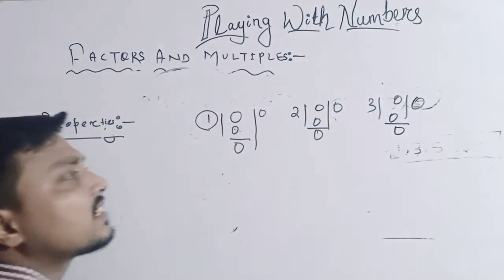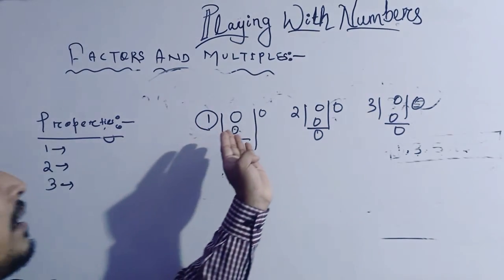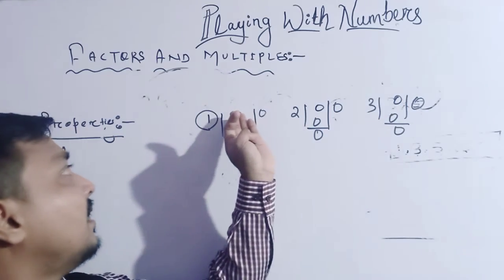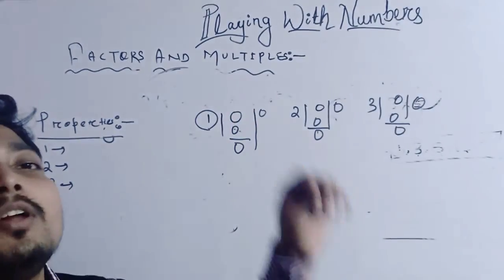So one thing is common: 0 can be divided by any non-zero number.